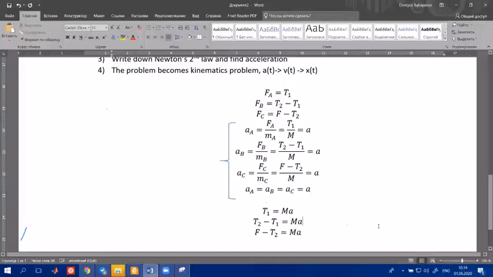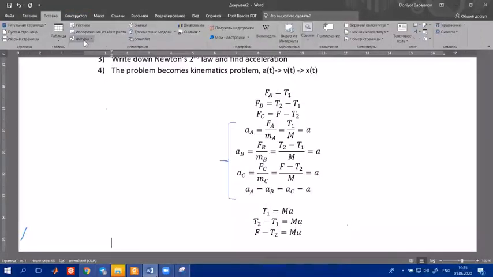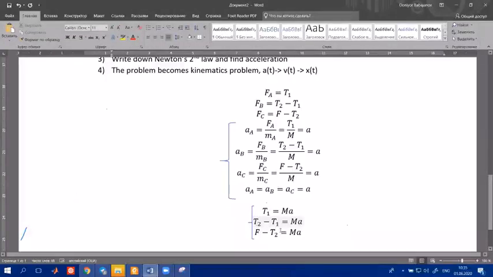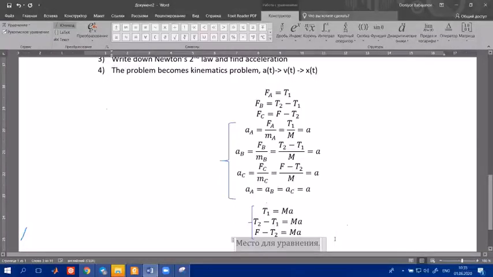So now it's easy to solve it because we can add them now. Now we have a system of 3 equations. When we add these equations, this T1 and this T1 cancel out, and this T2 and this T2 also cancel out, and we get F equals 3ma.